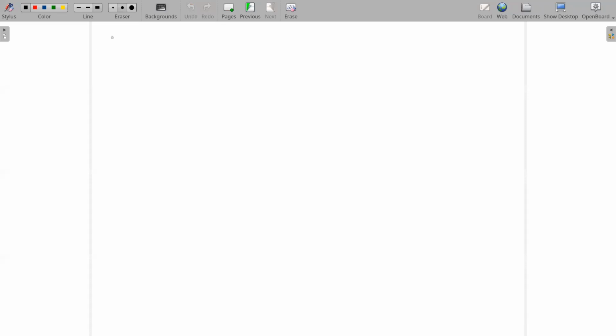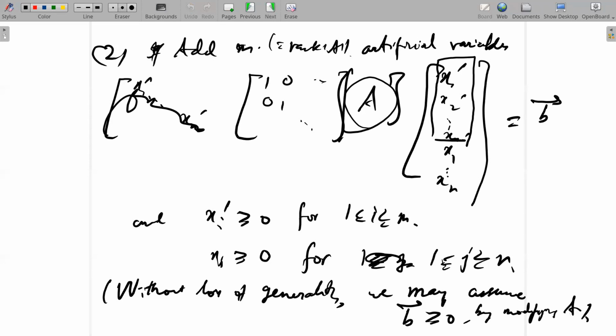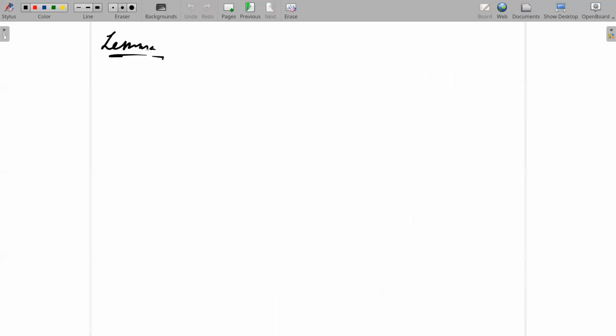Okay. So with that assumption, we need this lemma. So this is a new LP in standard form. The lemma says the new problem has optimum value 0 if and only if the original problem is feasible.